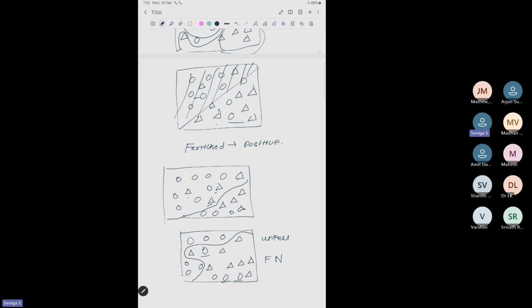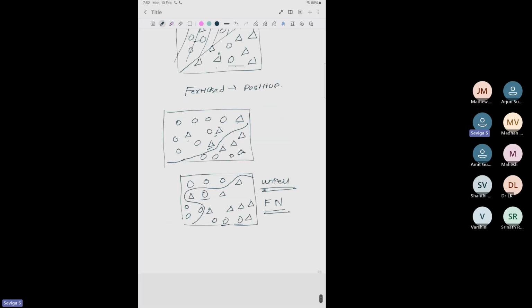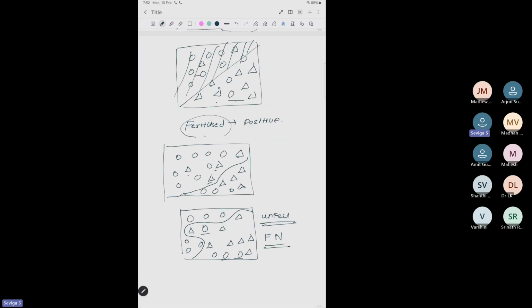It doesn't matter, because we try to get the majority of the unfertilized eggs. So more than the algorithm, it is the human factors or the business factors which are important. Here I'm saying that our main aim is to get the fertilized eggs, and it doesn't matter if you get false positives. Here my aim is to get the majority of the unfertilized eggs in the classifier. So it is not about the algorithm or the data.